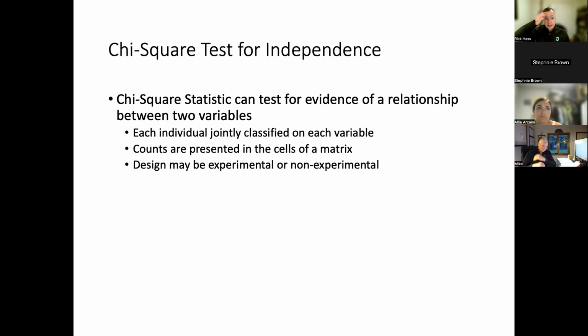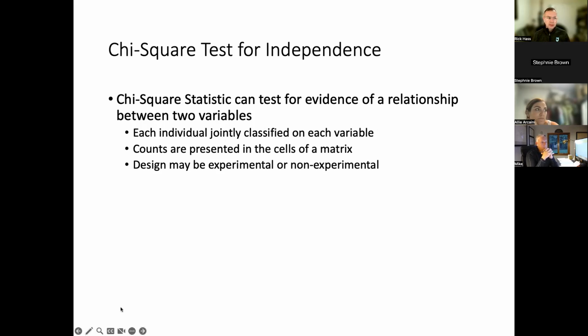We can use this test if each individual is independently jointly classified on each variable. So the individuals need to be independent from one another, and they have to be able to be jointly classified in a mutually exclusive way.